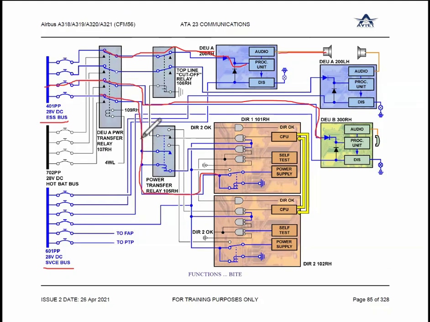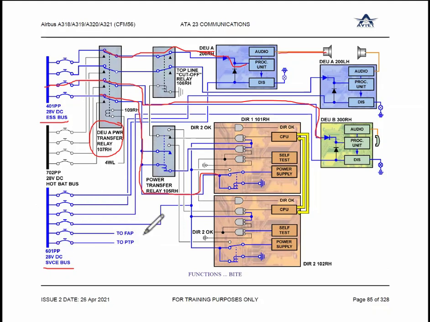This is continuously supplied when this relay is not energized. It means in normal conditions, your DUA, DUB, and director number 1, which are connected with the PA system, are continuously supplied from essential bus.